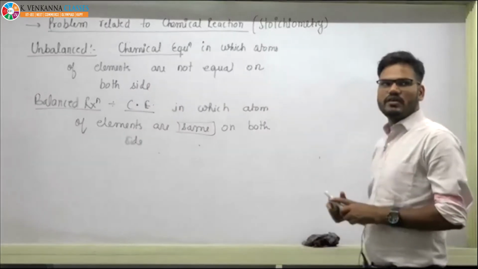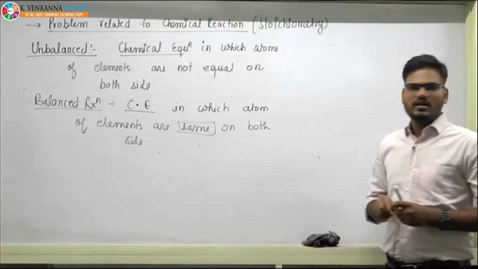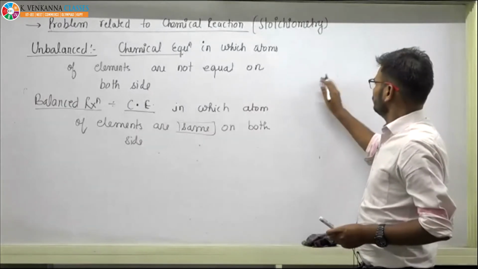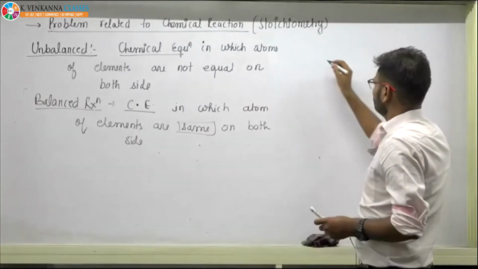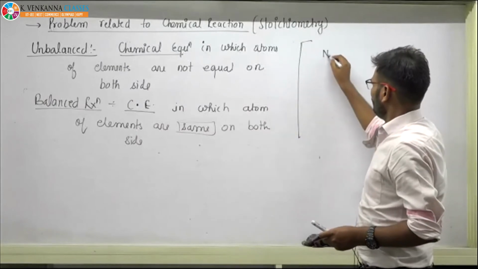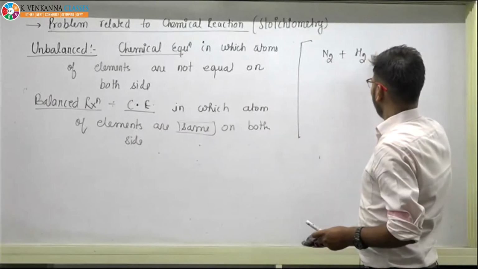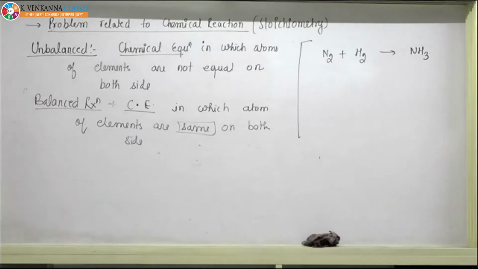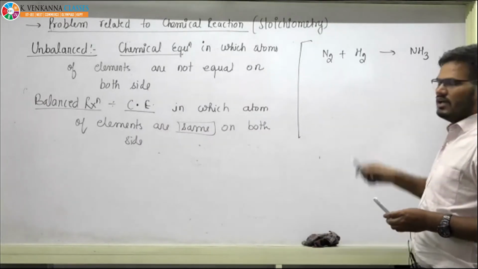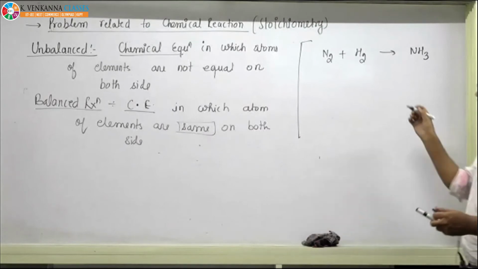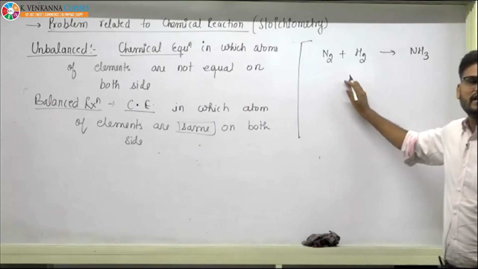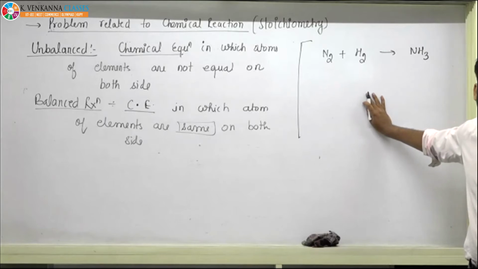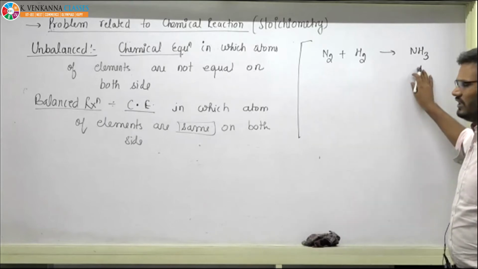If some reaction is given like this: N2 plus hydrogen gives ammonia. This is an example of an unbalanced reaction. In general, any chemical reaction will also have the physical state of all the species.